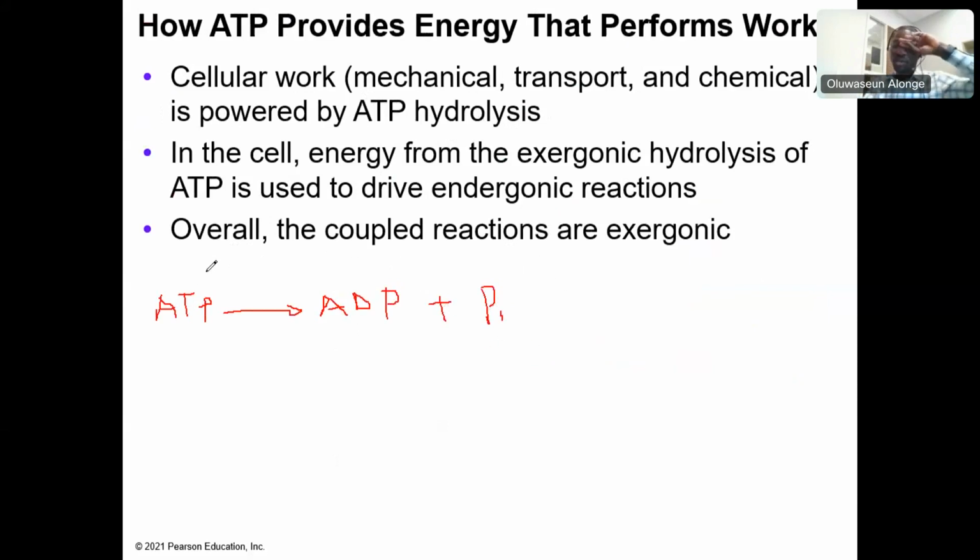So this hydrolysis reaction is an exergonic reaction, all right? And the energy released here will be used to power another reaction. That is what we call energy coupling.